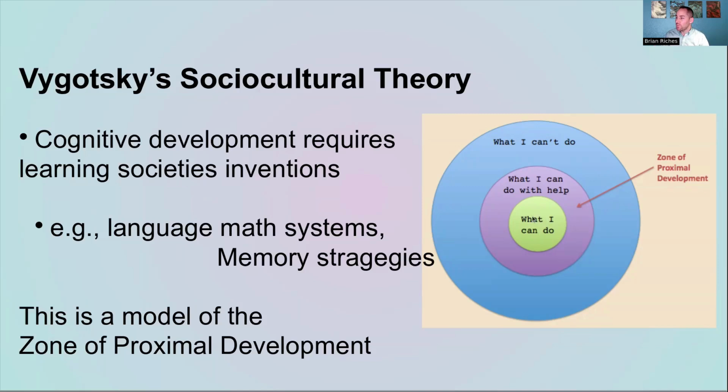And you'll be able to start from what you can do without any help. And this zone of proximal development are those stretch things. When you have a mentor, when you have someone giving you direct instruction, you're stretching, you're making advancements, but there's still things that you can't do. If you think of this in the sense of learning a new skill, let's say skateboarding, you might be able to balance on a skateboard, but you might not be able to do any tricks. You might not be able to do a kickflip, for example. But with help, maybe you can. Maybe you can learn that within a day, right?